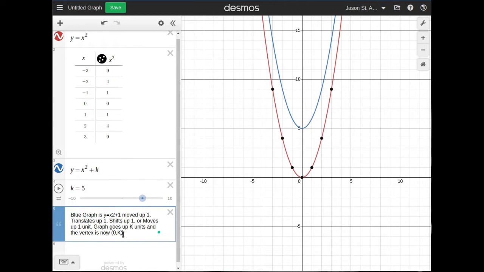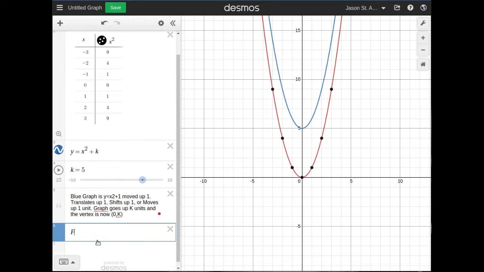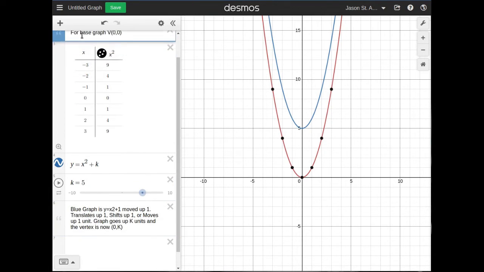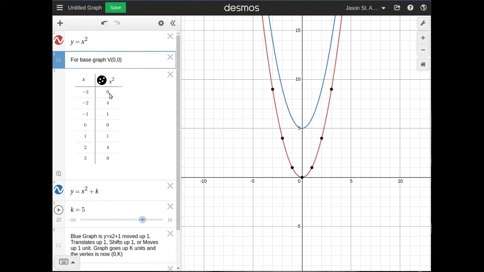All right? So the original vertex for our first graph, for the base graph, the vertex v is (0, 0). The vertex for the base graph of y equals x squared is always (0, 0).